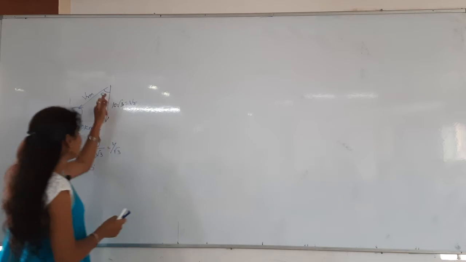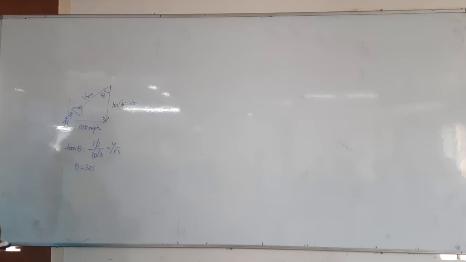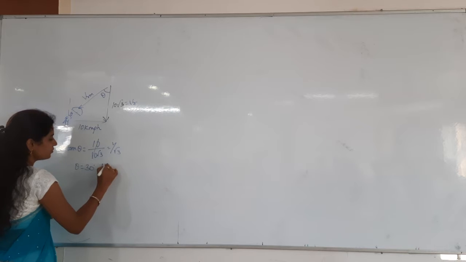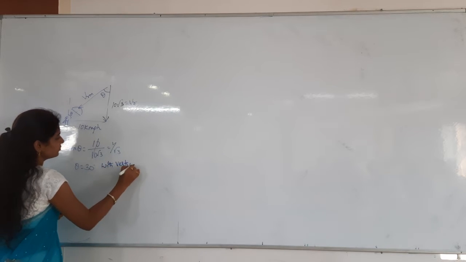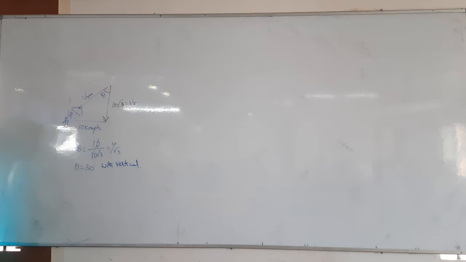So how much slantly? Theta equal to 30 degrees. If rain is falling like this, I have to hold my umbrella in this way. So this angle is 30, this angle also 30 only, obviously. So theta equals 30 with vertical. That's the answer for that.